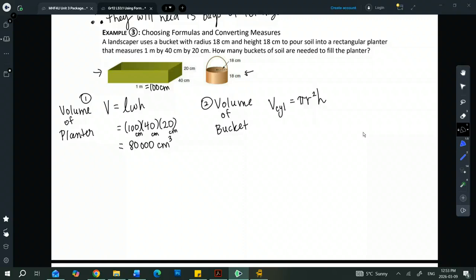So this connects to the size of the circle that the cylinder is based on, and then the height of the cylinder as well. So we know that radius is 18 centimeters and height is 18 centimeters. And we're going to use the pi button on our calculator rather than 3.14.